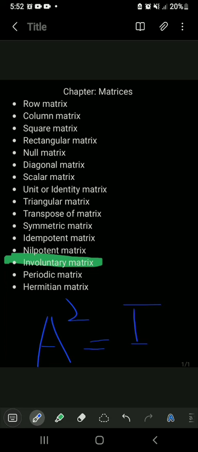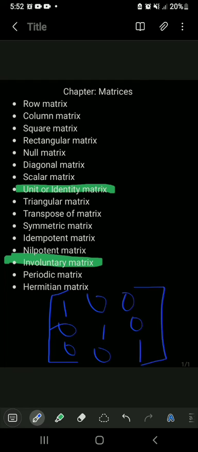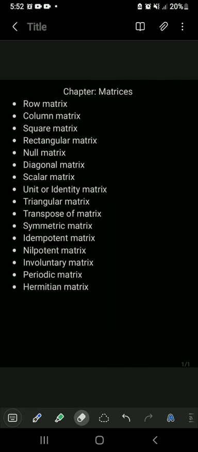We have discussed the identity matrix previously: the unit or identity matrix is where the diagonal elements are 1 and the non-diagonal elements are 0. If we take the square of a matrix and it becomes the identity matrix, it is an involutory matrix.